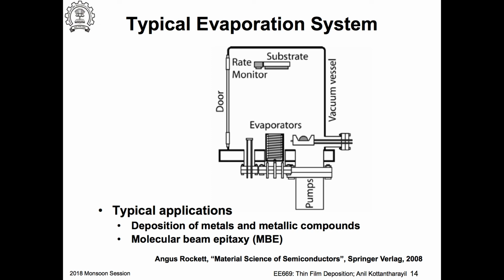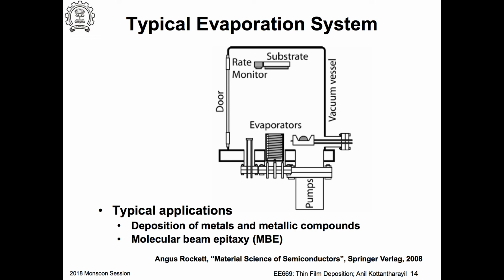And you can do thickness monitoring in many ways. One of the techniques is to look at the resonance frequency of a quartz crystal, and that depends on the weight of the crystal. As you deposit material onto the crystal, its weight is changing, so its frequency will change.